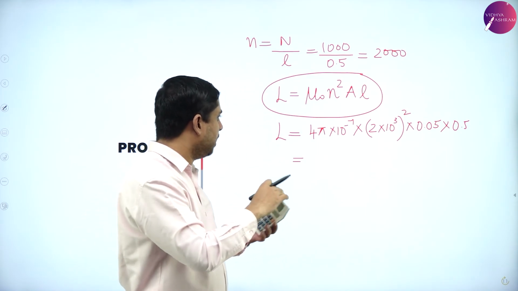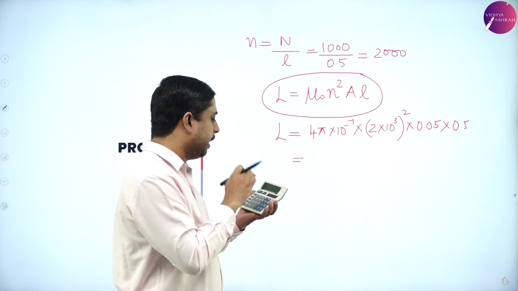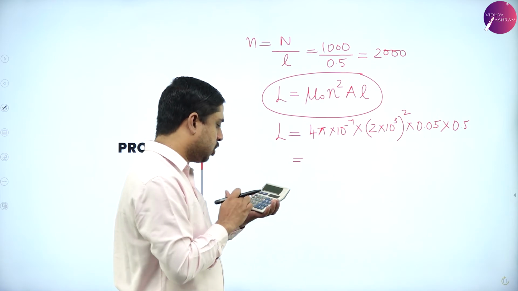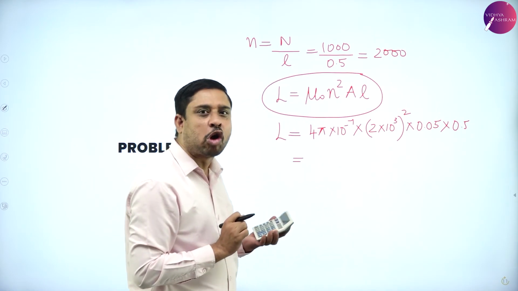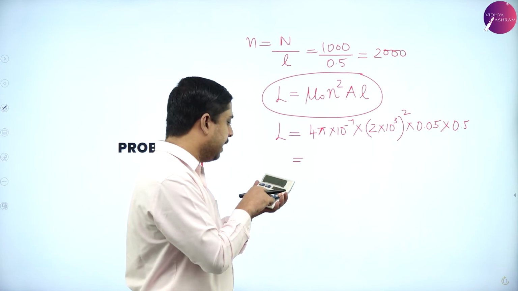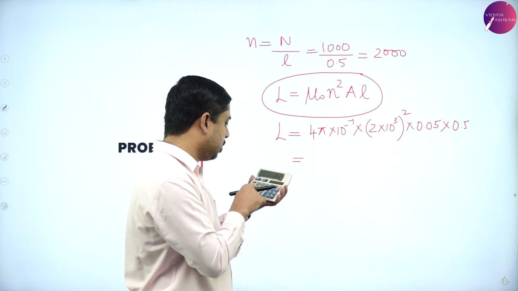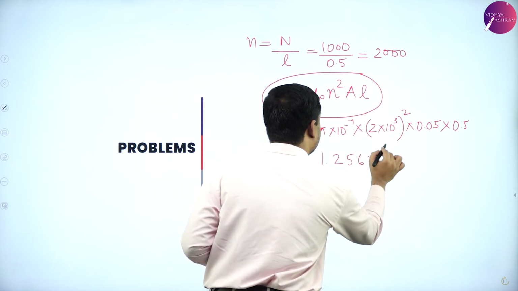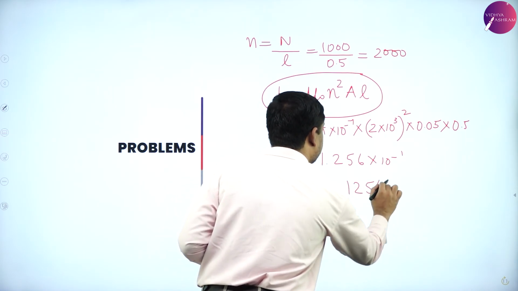So this is 4 into 3.14 into 10 power minus 7 into 4 into 10 power 6 into 0.05 into 0.5, which is 1.256 into 10 power minus 1, or 0.1256 Henry.